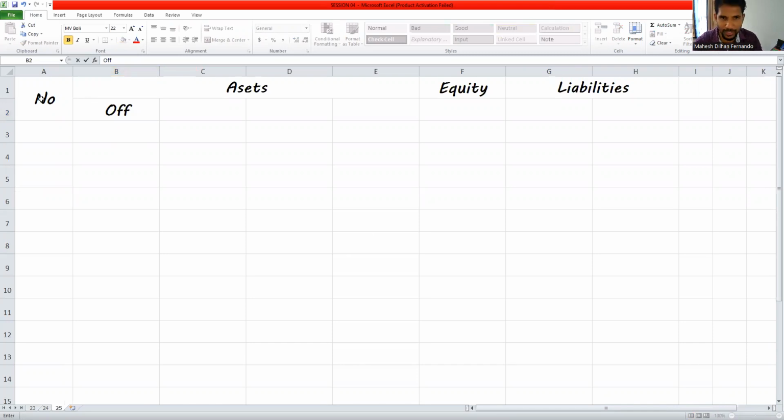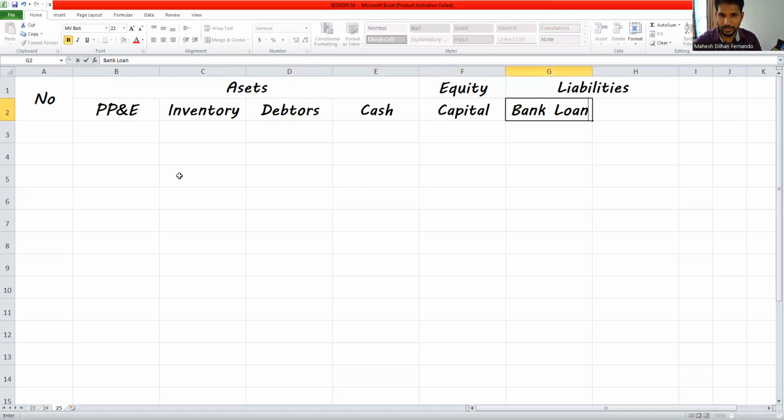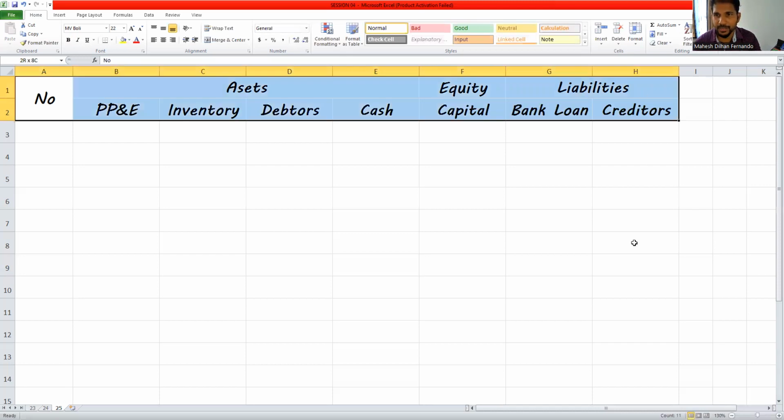I'll let you know the reason why. Then we have inventory, debtors, cash. Then under the equity, we can record capital, and liabilities: bank loan and creditors. This is the table.